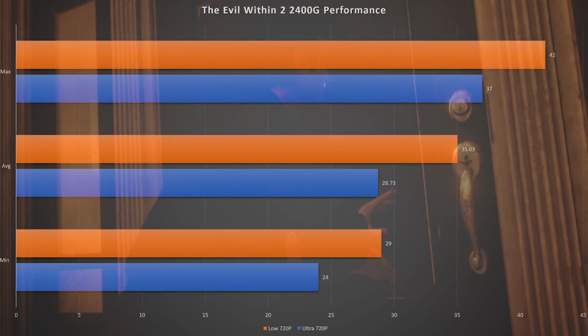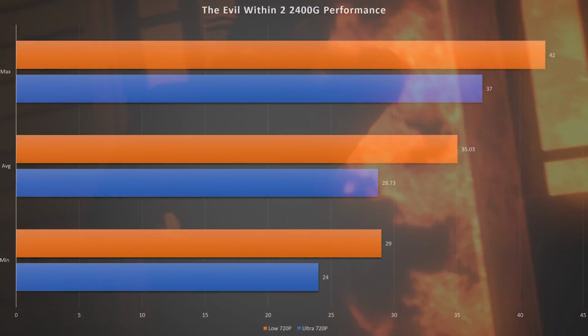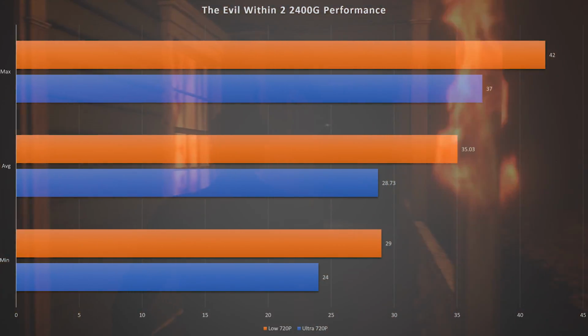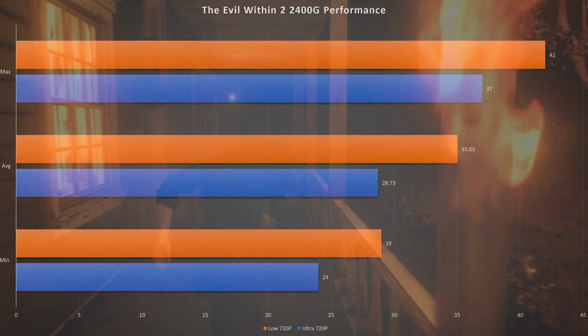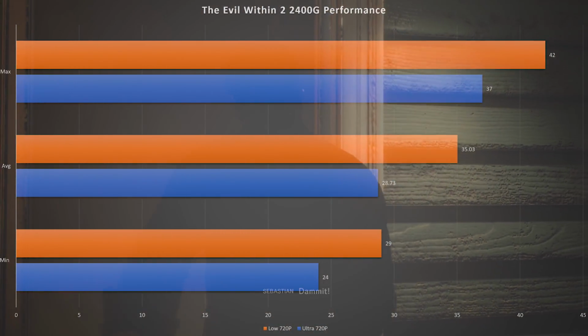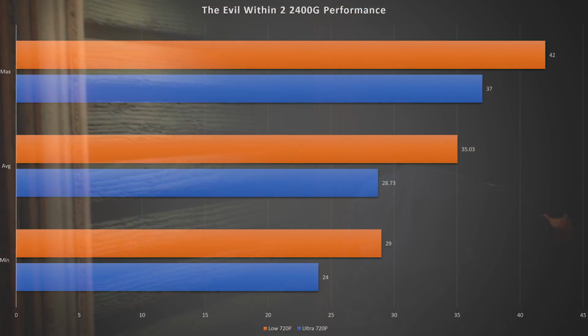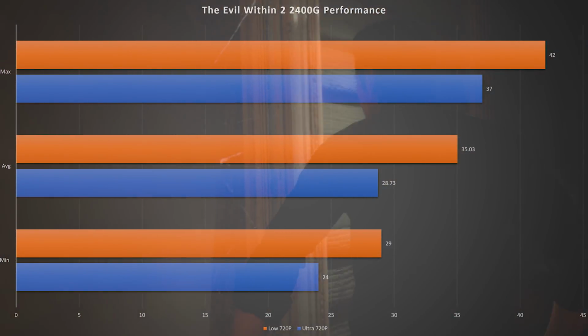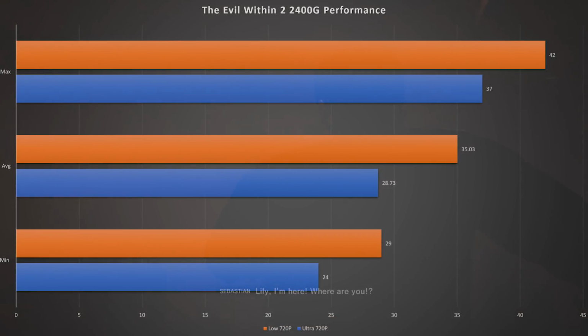The mins go all the way down to 24 on the Ultra setting, and on the Low setting it's 29, but that's a little deceptive. I took a look at the frame timings, and a lot of that is in the very 0.1% lows, and it doesn't actually show to push us into an unplayable frame rate at all. So playable at 720p Low.